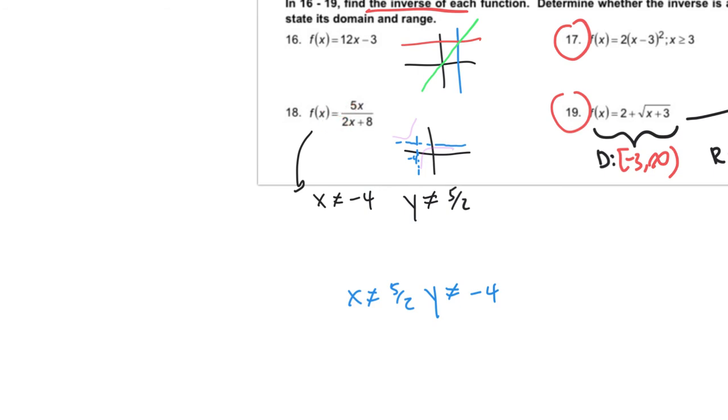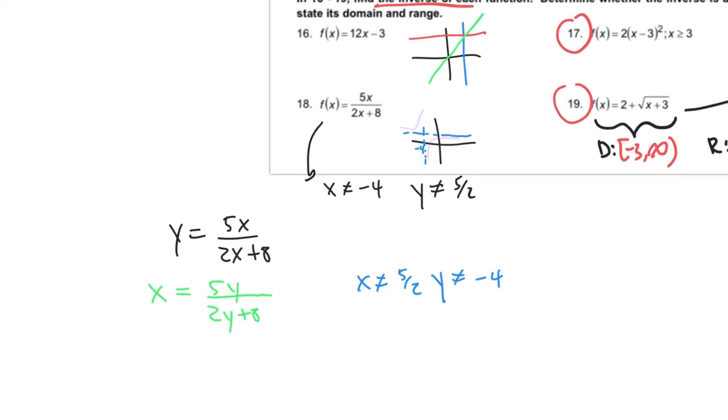Now, the original function I'm going to rewrite only with y instead of f of x. Now we're going to make the switch. And at that point, we are attempting to solve for y. We can multiply 2y plus 8 to both sides.